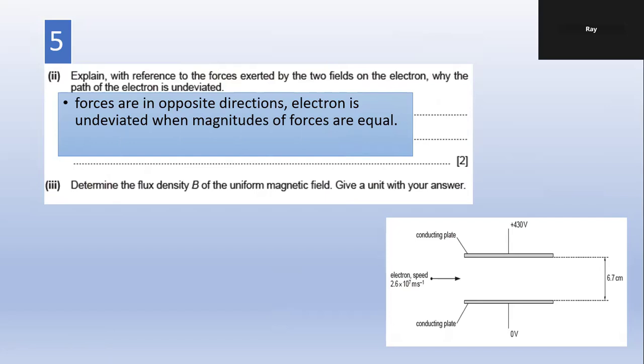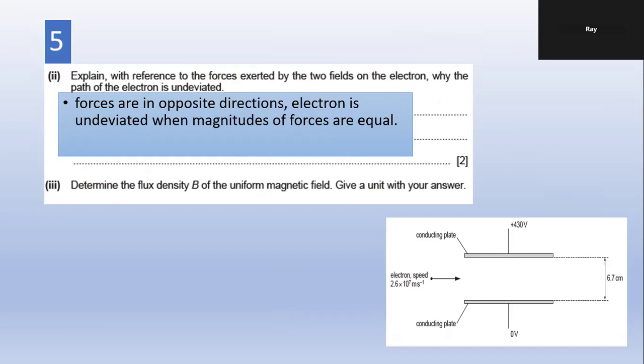Determine the flux density B of the uniform field. Give a unit for your answer. Okay, how are we going to solve that? Yep, how are you going to solve that? See, it's something to do with B equals E over v.